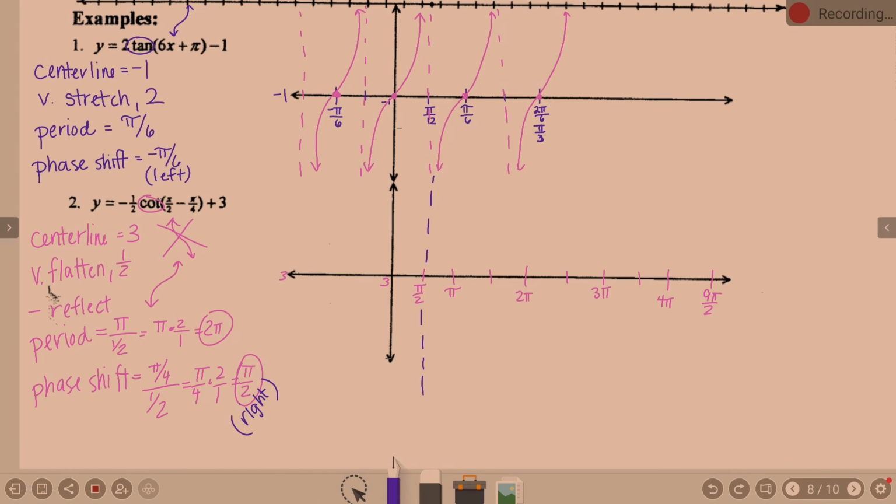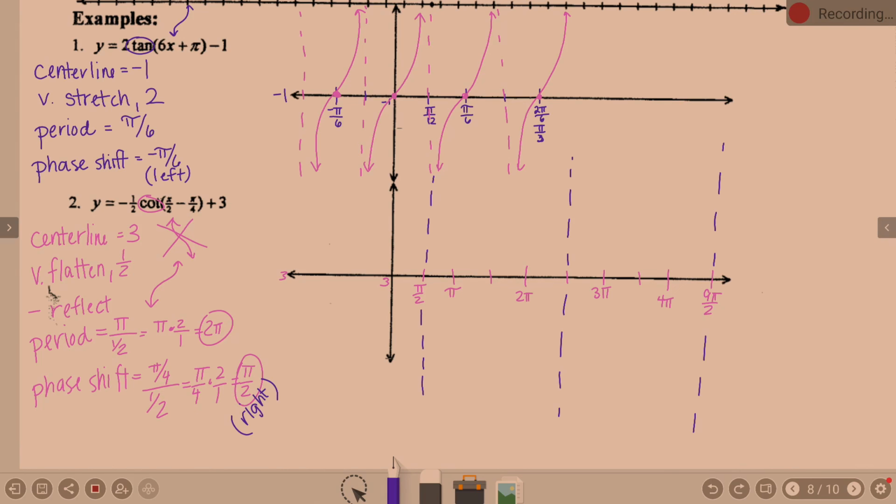How often do I need asymptotes? Once a cycle. What is my cycle here? 2 pi. So this one's right after 0, you need one right after 2 pi, and you need one right after 4 pi.